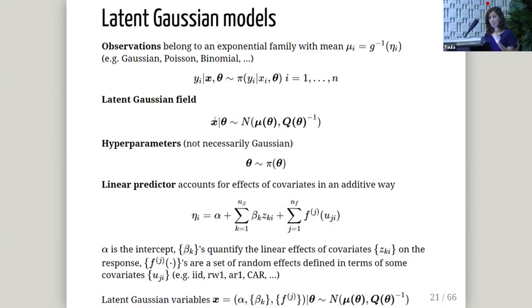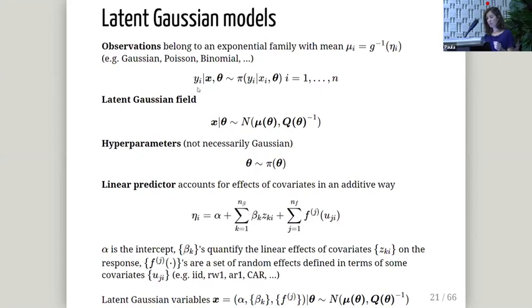Then the parameters X follow a Gaussian distribution with mean mu and precision matrix Q that depend on hyperparameters. And then the hyperparameters follow another distribution that doesn't need to be Gaussian.